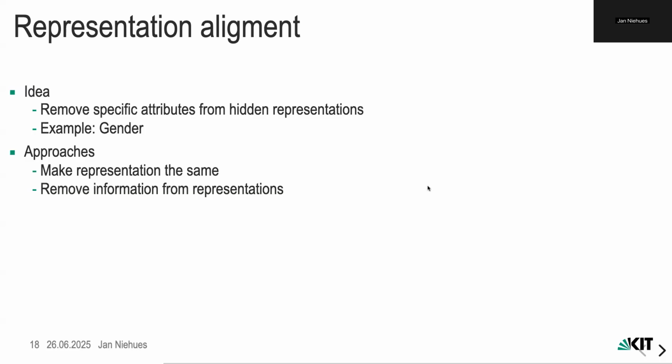There are a lot of applications for what information you want to remove in order to make the representation better and more transferable. The idea is that we make the representation the same for things which only differ in this one attribute. So if it's language, if the sentence has the same meaning in German and English, the representation should also be the same.